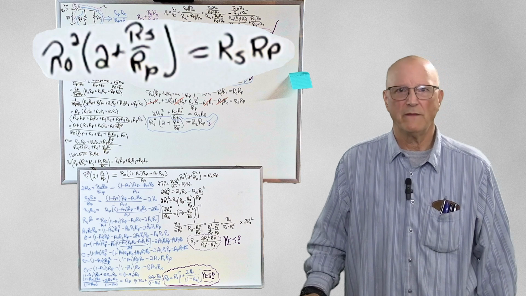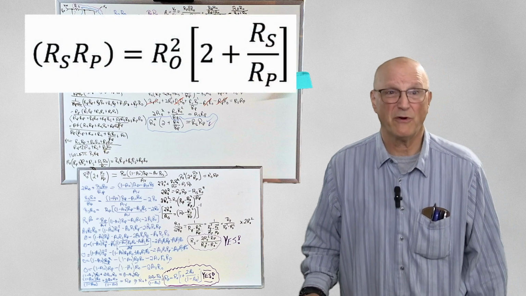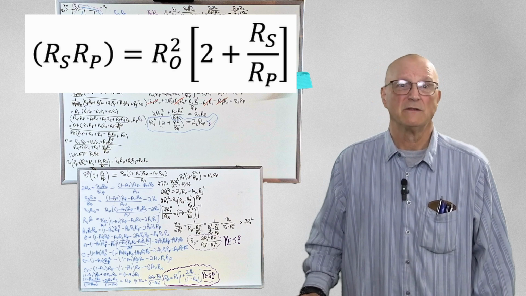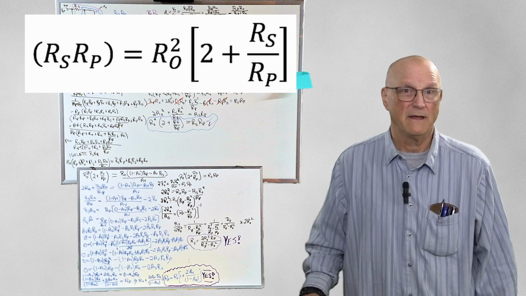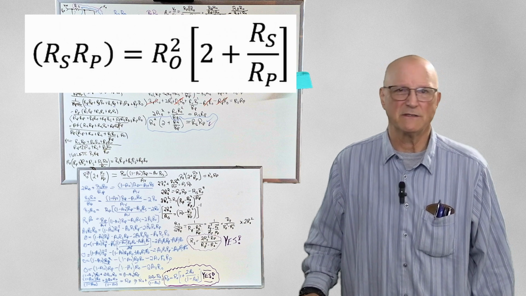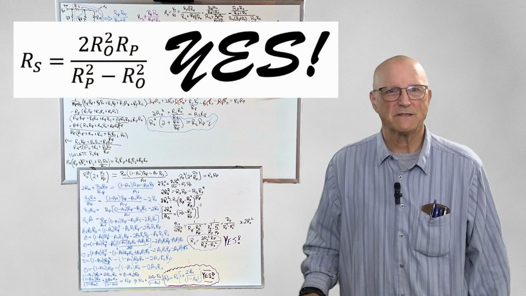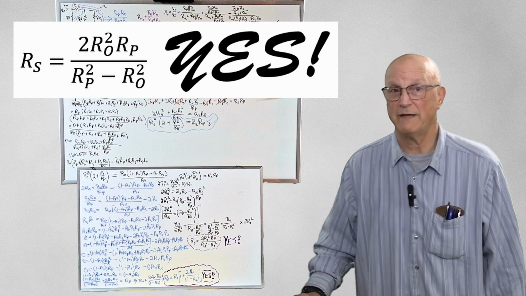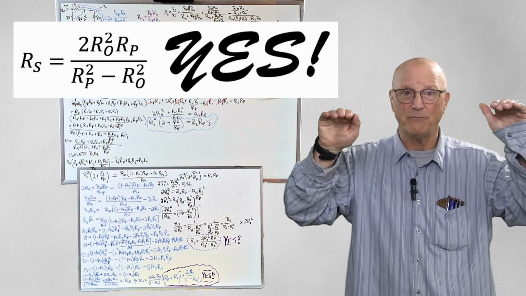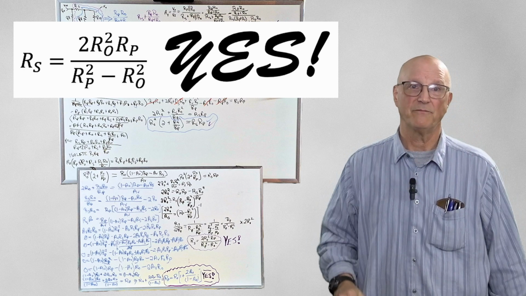I will choose the one that came from our Ro equation because, well, it's a much simpler equation to work with. So I'm starting out with this equation. And after a little rearranging and simplification, I get this equation for Rs, where Rs is equal to 2Ro squared times Rp, all divided by Rp squared minus Ro squared.